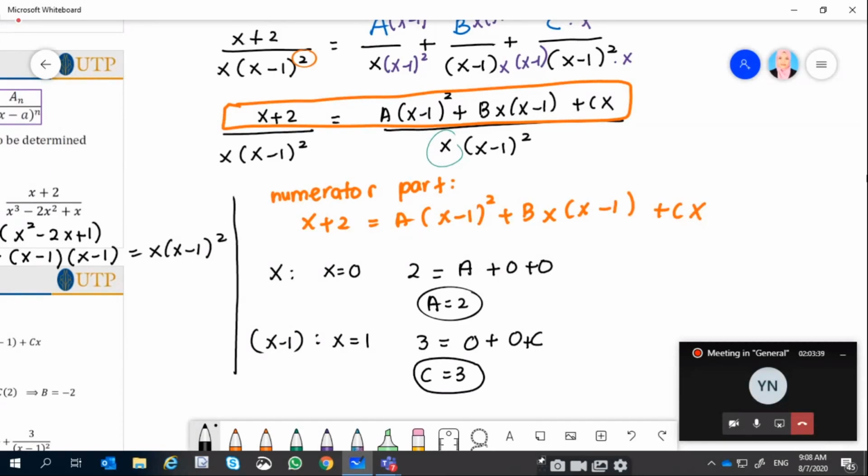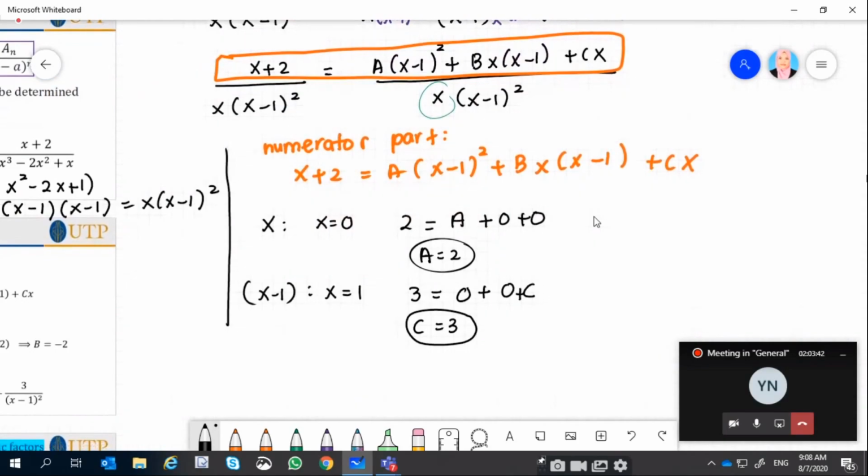But now to find b, I have no more factors. s I already used, s minus 1 also already used. So for the last one, in order to find b, I can just assume s equals any real number.